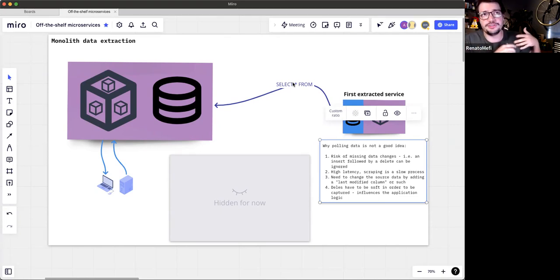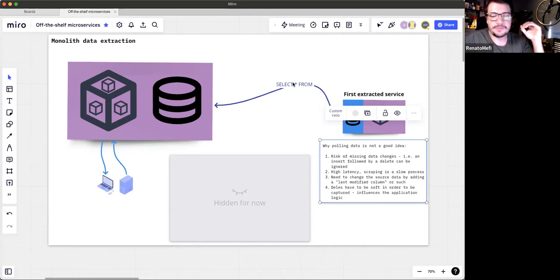First, if you want to extract the data out and you have a huge delay because you're doing select stars and then looking for, let's say, last modified at columns or things like that, that creates overhead in the first place. That creates a huge lag for you to take the data out of the source system. And on top of that, you might miss deletions or quick updates.